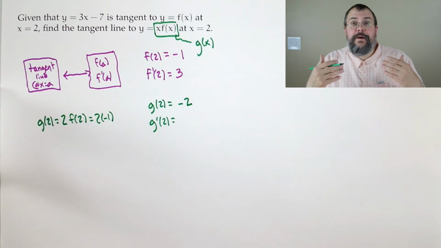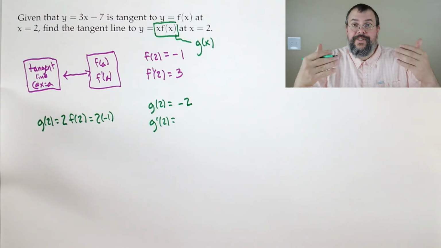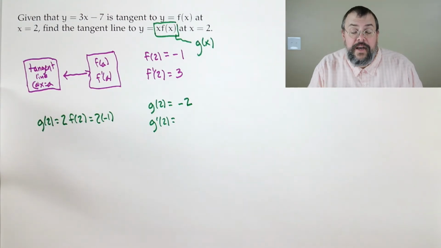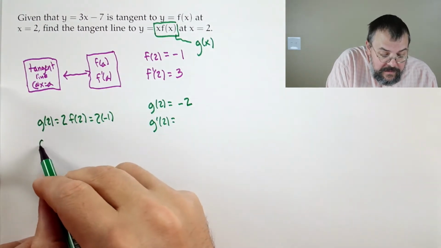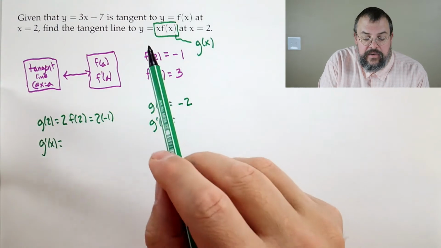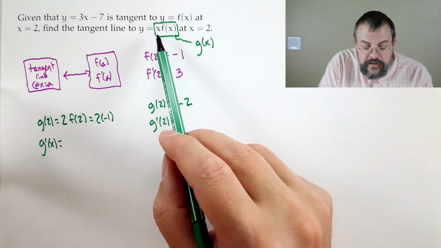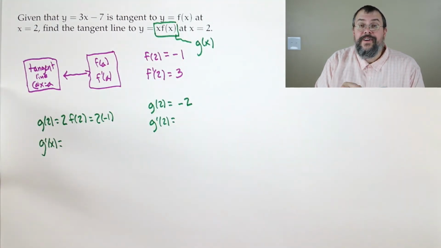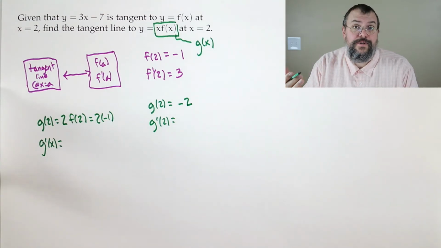Okay, how about g prime of 2? Well, if I want to find g prime of 2, a stepping stone is to first find g prime of x. What rule do we need to figure that out? I see I have a product of x and f of x. So I need to apply the product rule.